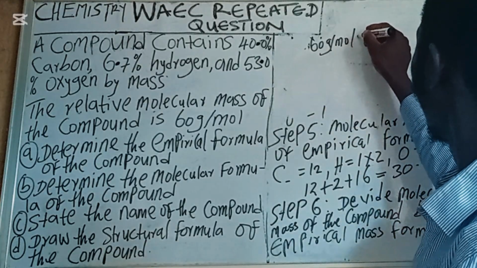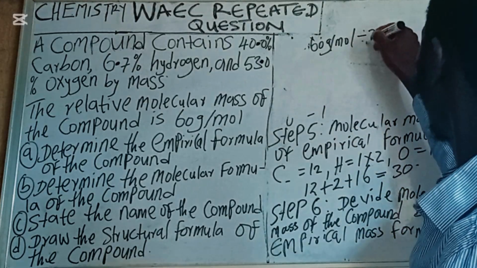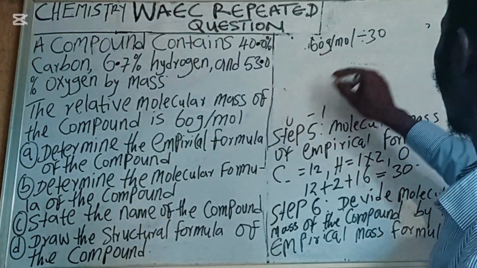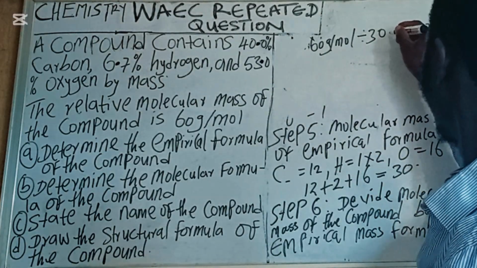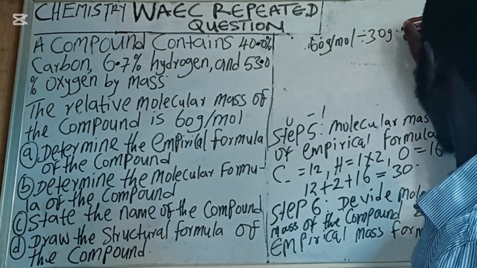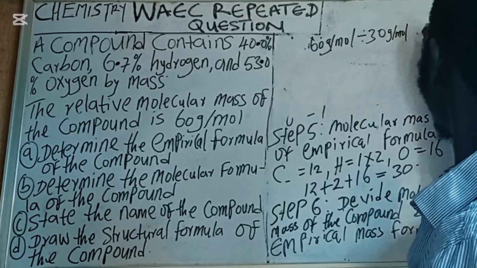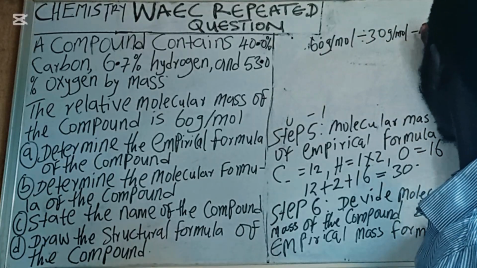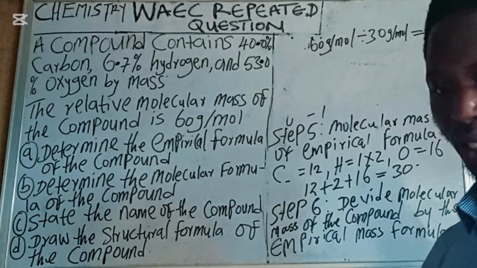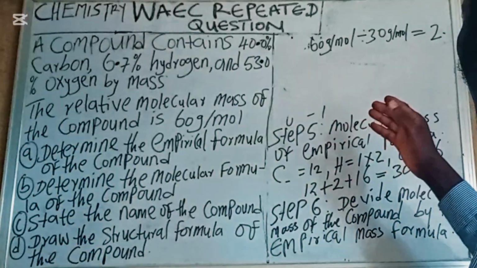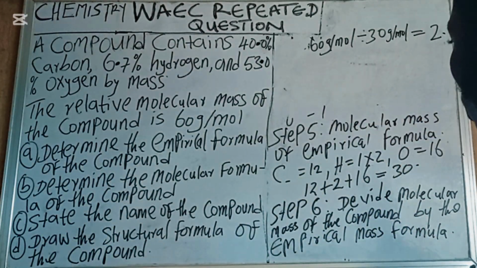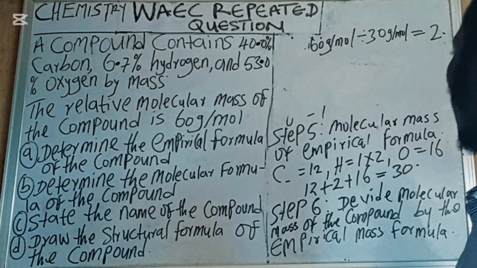So we divide 60 by 30, and this one is gram per mole too. If we divide everything, it will give us 2. So we are through with step 6.